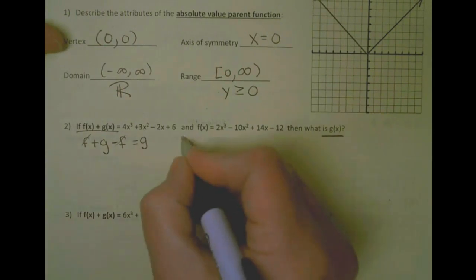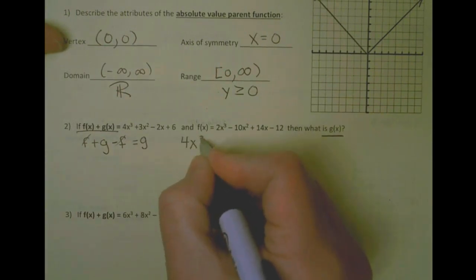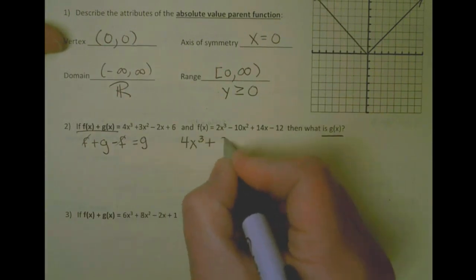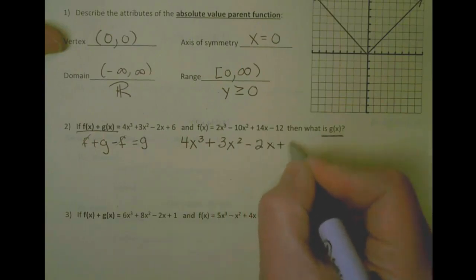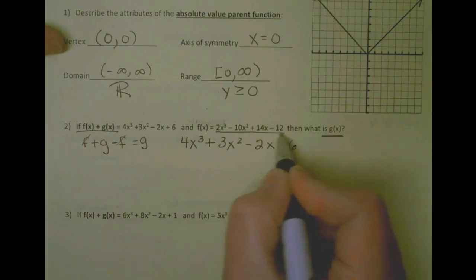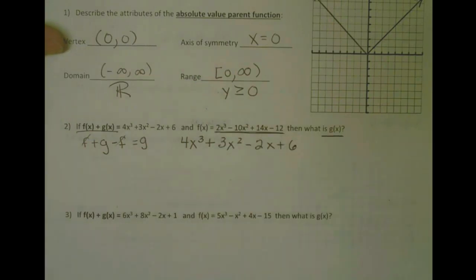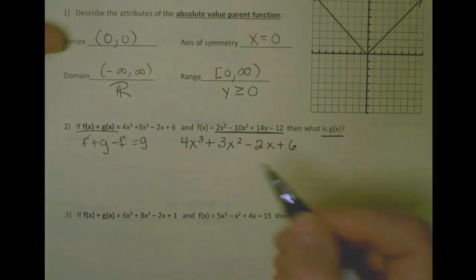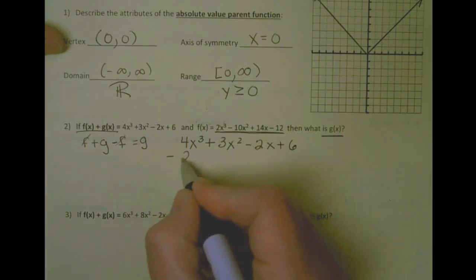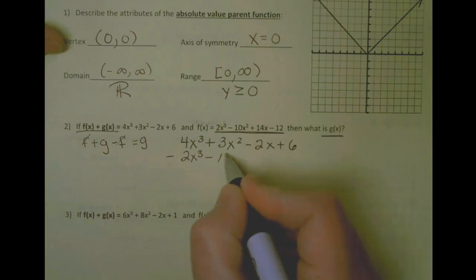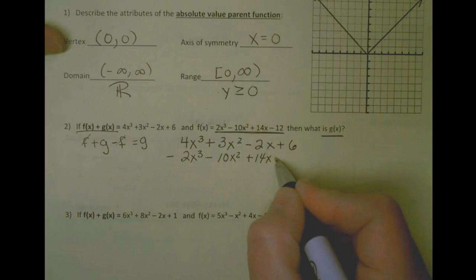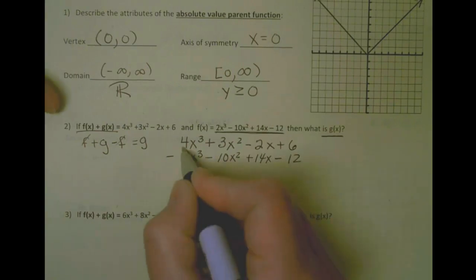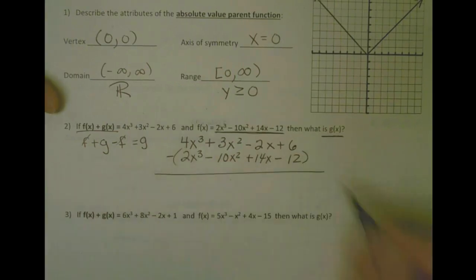So you have to take this combined function and subtract this function. You need to subtract 2x to the third minus 10x squared plus 14x minus 12. You need to subtract all of that.